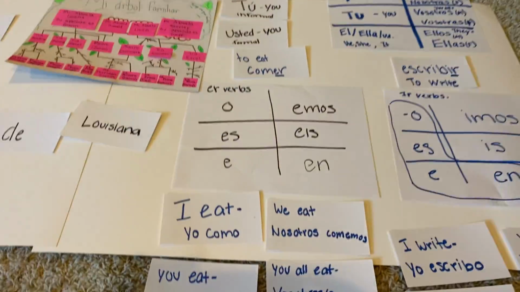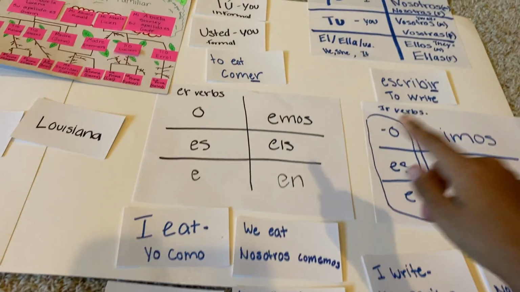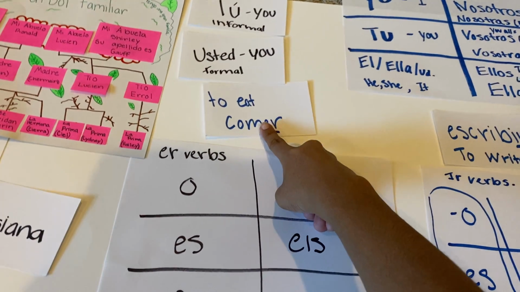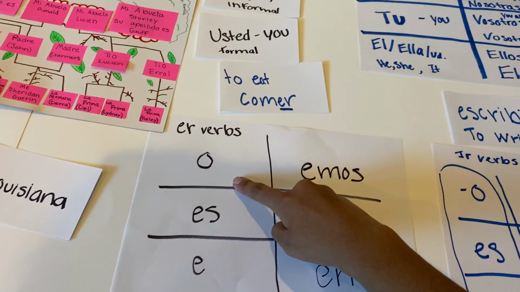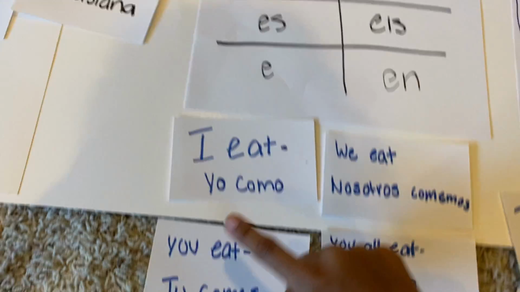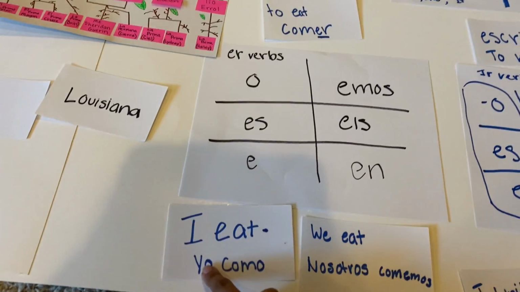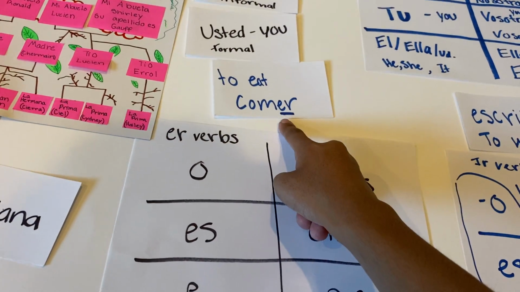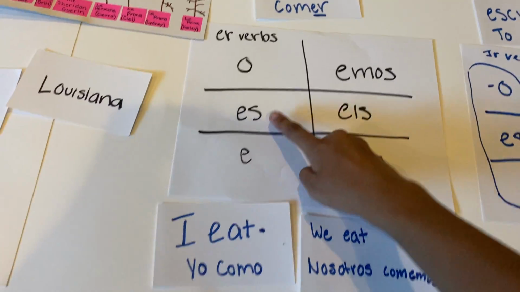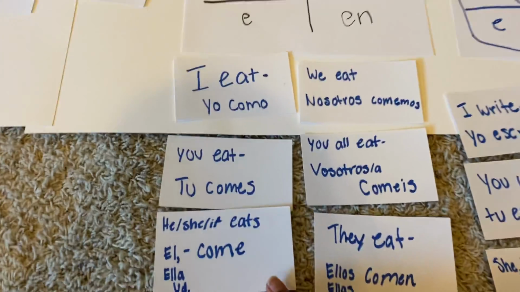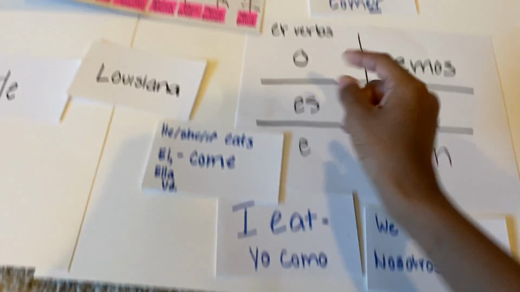So now, how to conjugate them is we have the ER form. We take ER off and we add O for yo. Then, for tú, we add ES, comes. And we do the same for the rest. See?